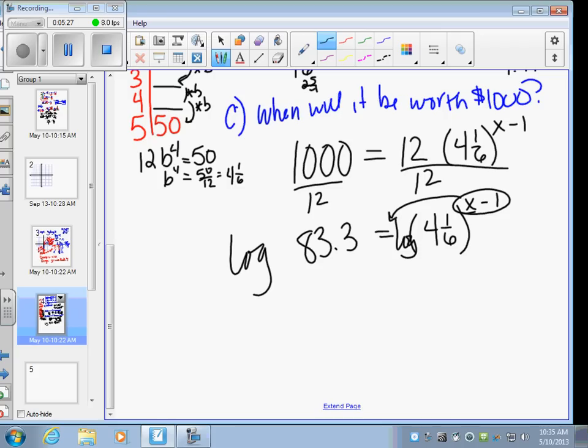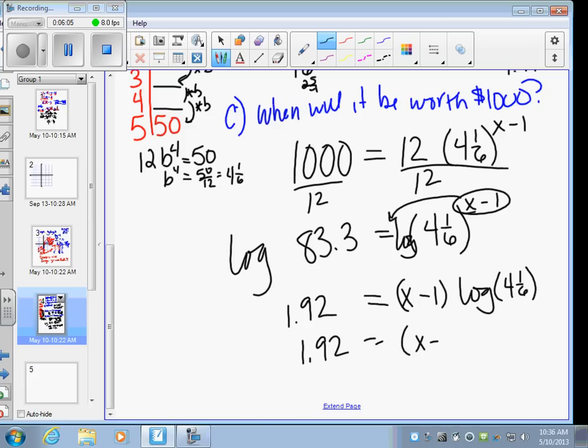So when I take the log of 83.3, I get about 1.92. And now I have x minus 1 down here times the log of 4 and 1/6. And when I take the log of 4 and 1/6, I get around 0.6198.